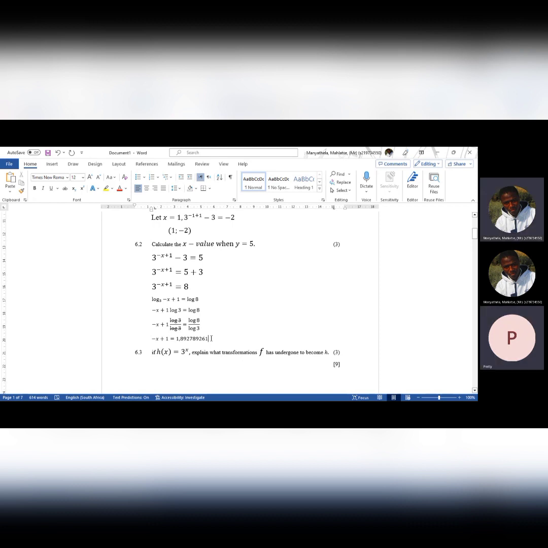I should put them in brackets. Yes, 8 should be in brackets, because when you press log, it opens a bracket. So you press 8 and then close the bracket, then go to the bottom and then log, and then 3, close the bracket. Okay.